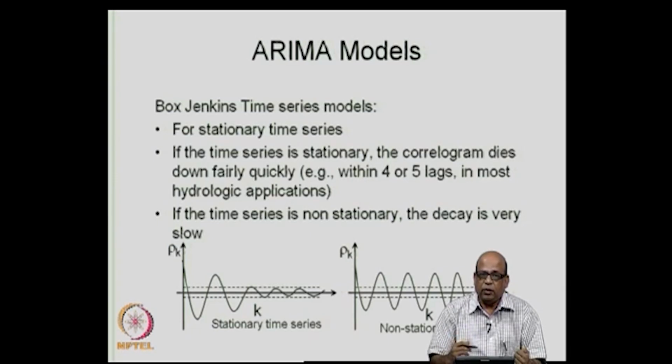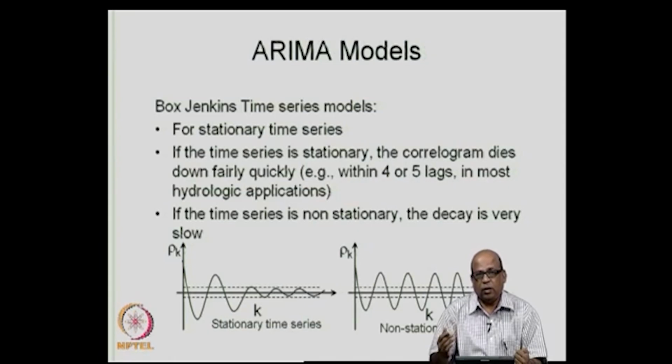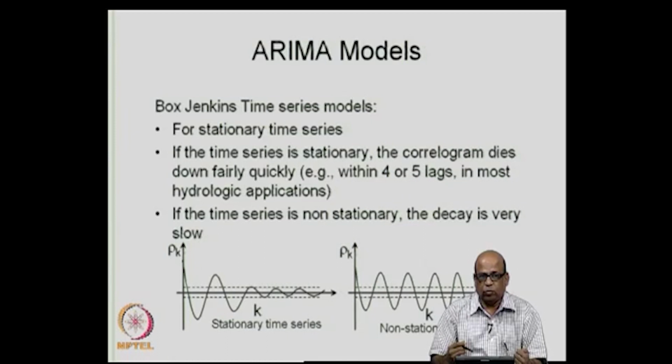How do we identify that the time series is non-stationary? First, you look at the correlogram. For a stationary time series, the correlogram dies down very rapidly. In most hydrologic applications, you may see that the correlogram dies down after 3 or 4 lags, or 4 or 5 lags in most cases.